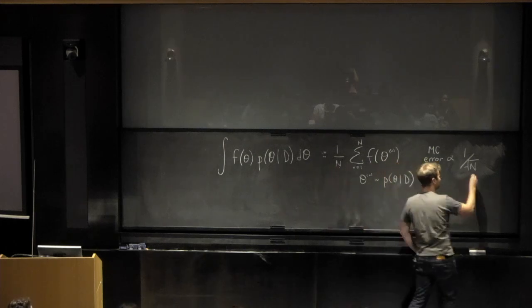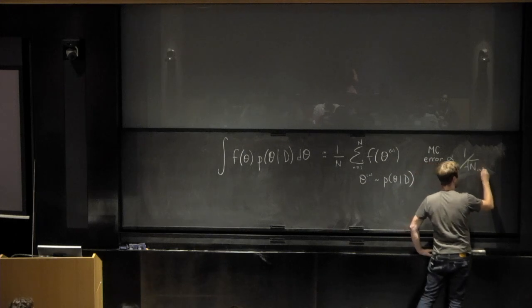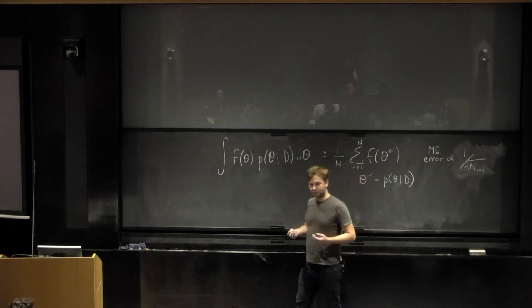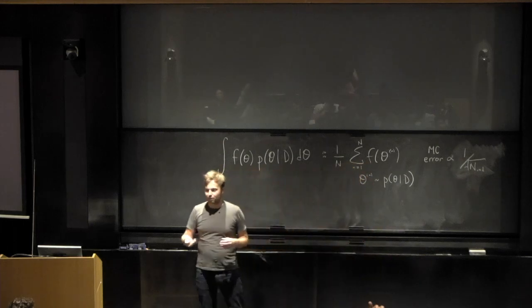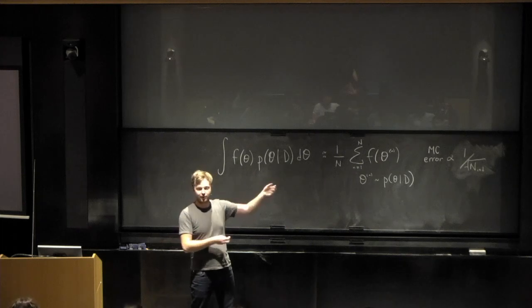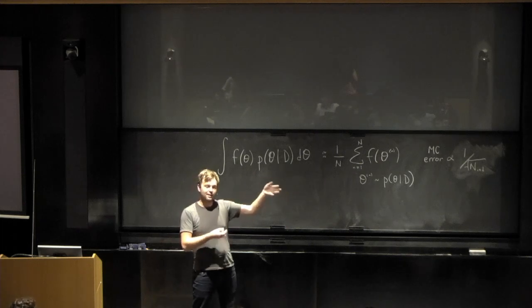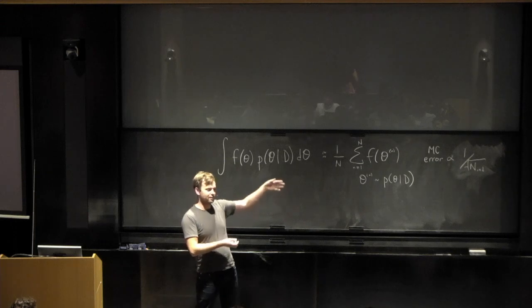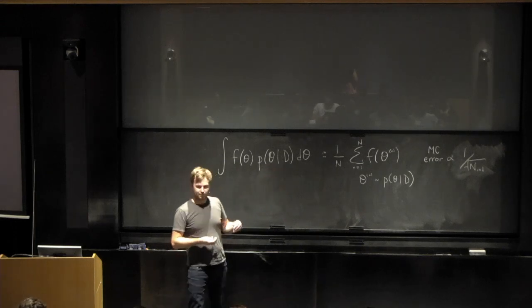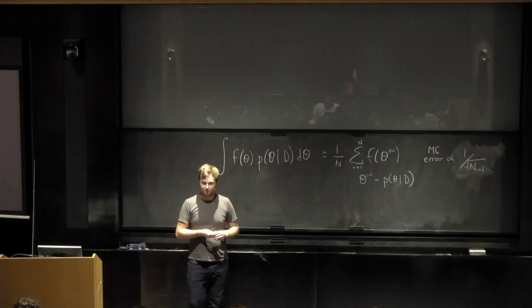The n that goes in here is the number of independent samples. And so that, in general, with an MCMC will be much smaller than n. So if you run 100,000 steps of MCMC, that doesn't mean you have 100,000 samples. You have some smaller number of samples, which is the effective number of samples.